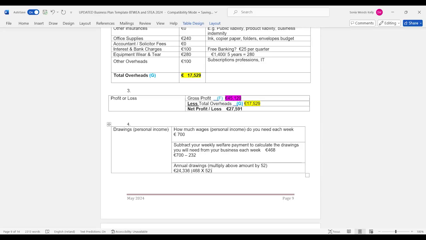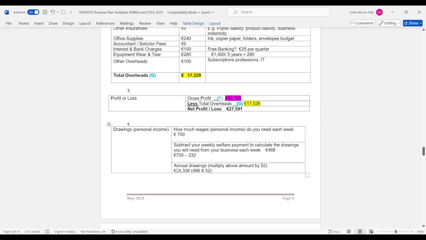Okay. So now I need to look at my profit and see if my business will make sufficient profit, and in this case there is sufficient profit there. My projected profit will be enough to cover my expected drawings or my expected income each week.